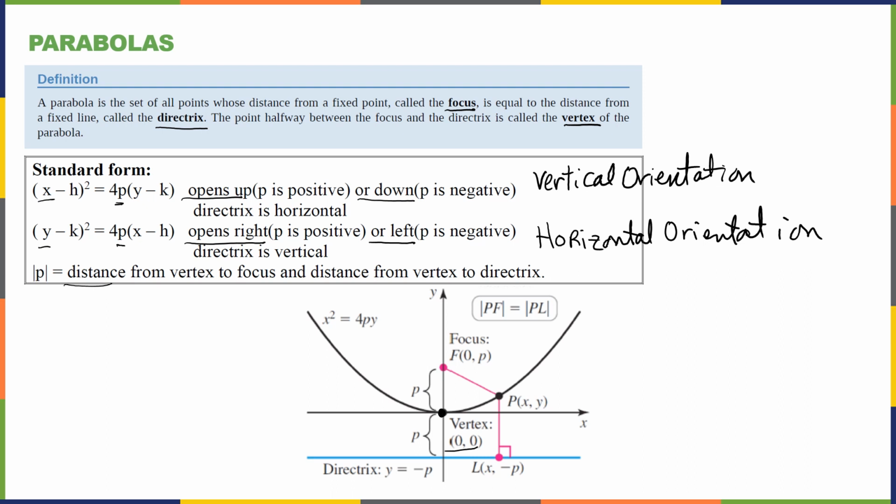Then the distance p is highlighted with these bracketed marks, showing that if from the vertex you move a distance up p, you locate the focus, which is the ordered pair (0, p), and if you go down that distance p, you get the equation of a horizontal line that is the directrix, y = -p.